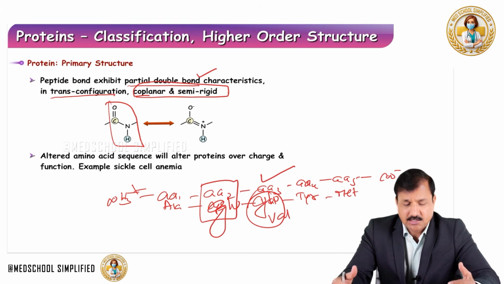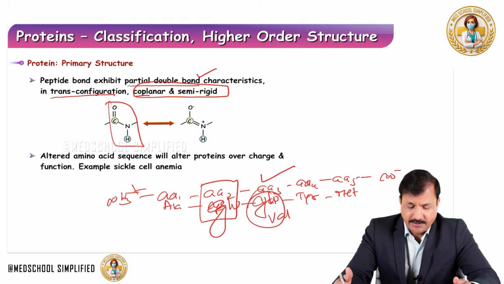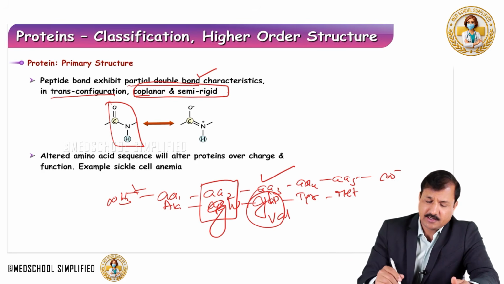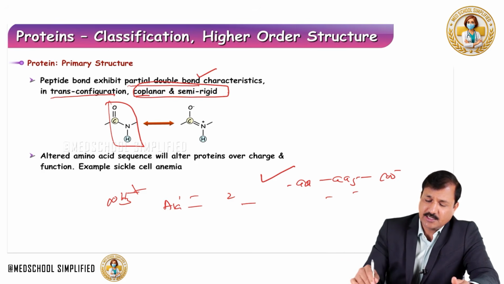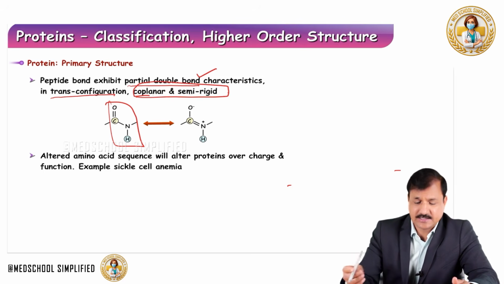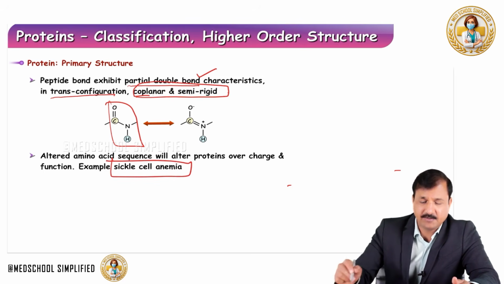It will alter the charge, it will alter the function, and that may give rise to a disease condition. That's what I have written here: alteration in the sequence of amino acids from the original may lead to disease. An example of that is sickle cell anemia.